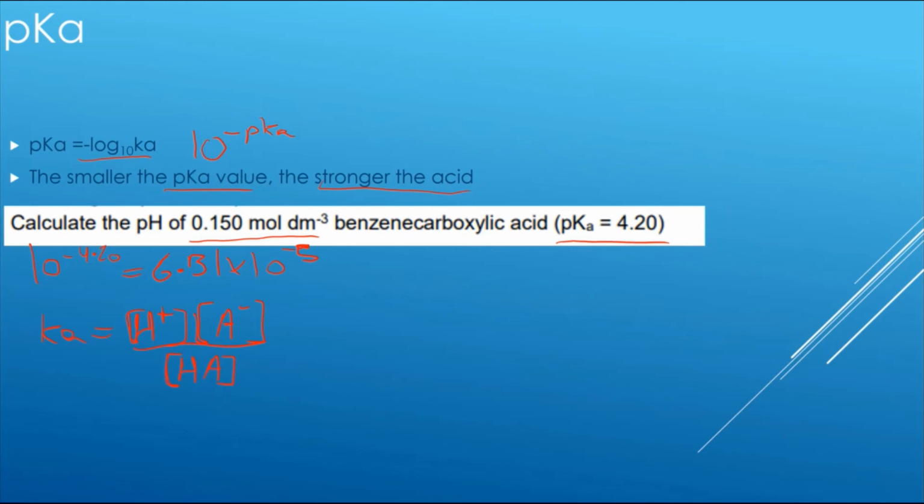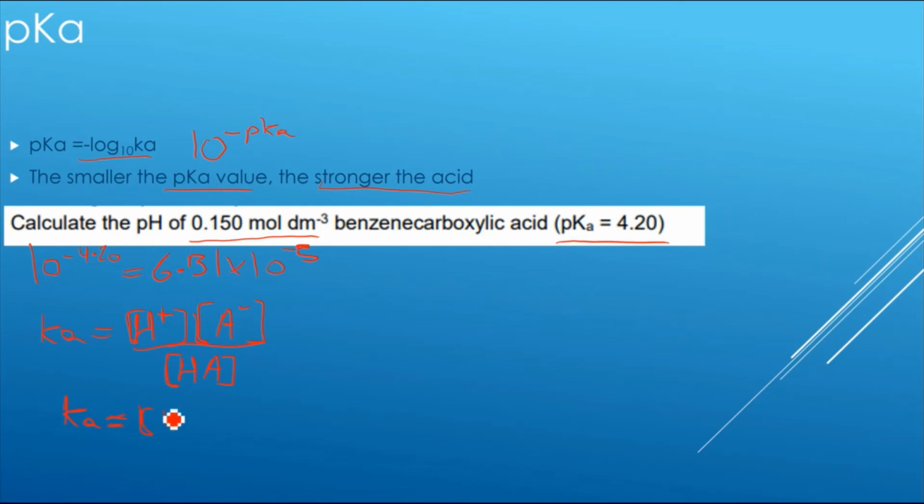And it would be over HA. So I know the concentration is 0.150, and I have the Ka. I know that the H+ value will be the same as A- because the acid will dissociate equally.